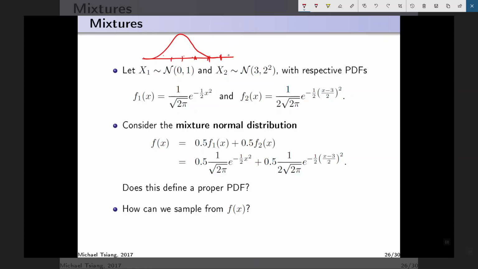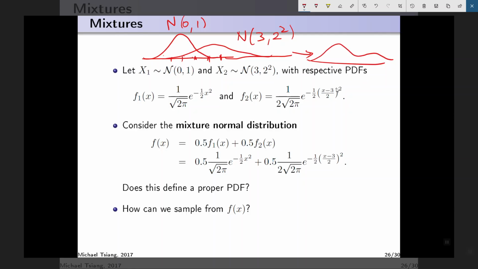It's really hard to draw on a fairly vertical surface. So this is normal 0, 1, and this over here is normal 3, 2 squared, and the resulting distribution when you combine those two will look something like that. Obviously better looking than that, but that's the idea.